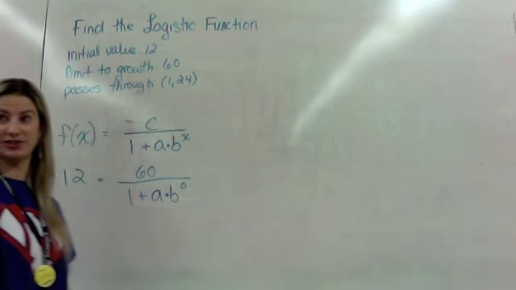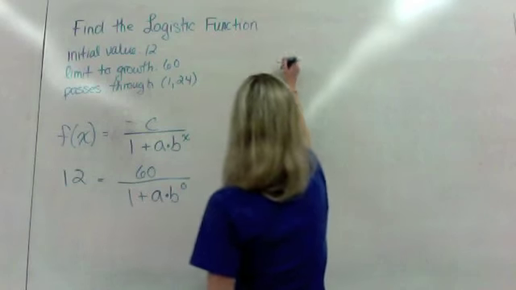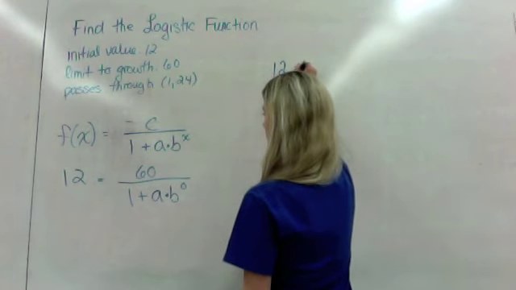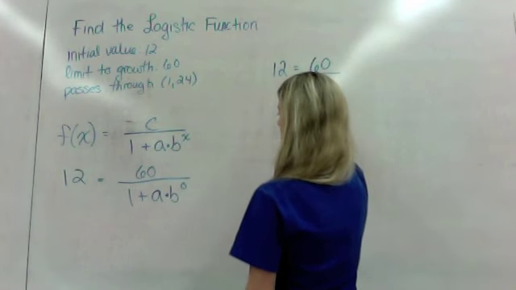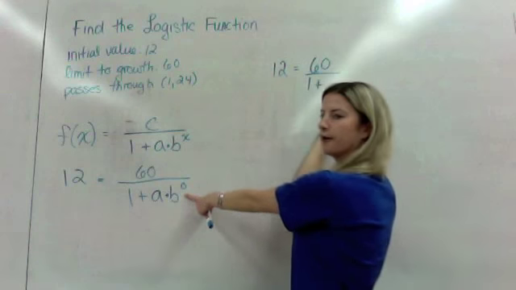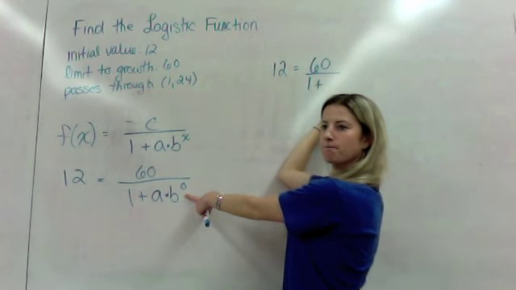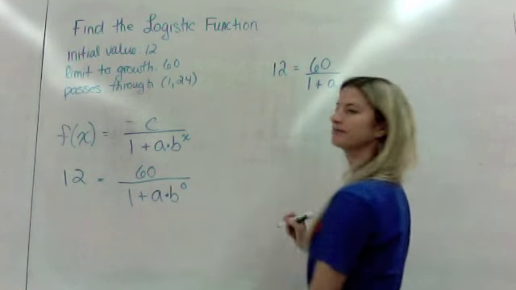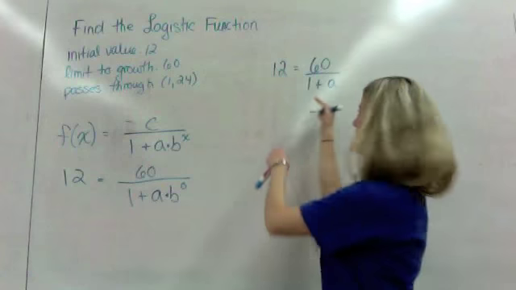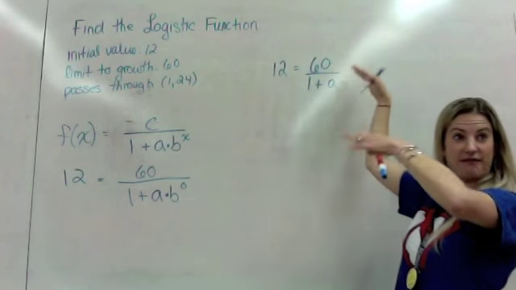Let's just see what happens. So then this becomes 12 equals 60 divided by 1 plus, and then what's b to the 0? 1. So it becomes just plus a. Trying to solve for a, so let's get that fraction to go away.